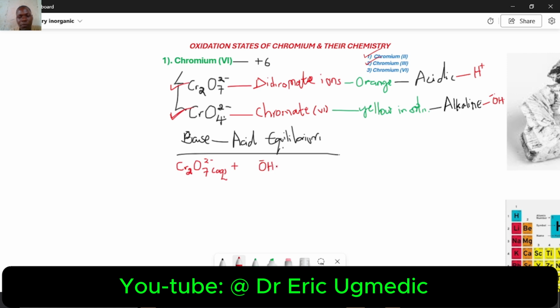So we have hydroxide ions, aqueous. After adding the alkaline medium, it will change to a stable form. Which form is stable in alkaline medium? It's the chromate. So we shall have chromate being formed in alkaline medium.